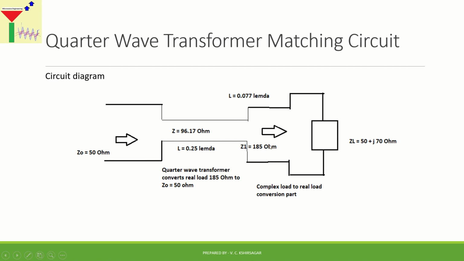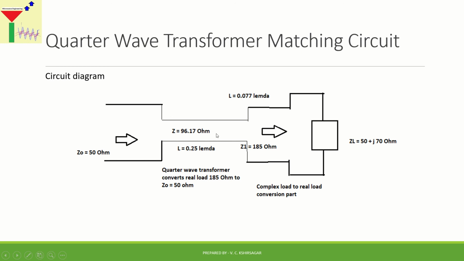Now this 185 ohm is a real value. We want to match this 185 ohm to the characteristic impedance of a transmission line of 50 ohm using this particular section, which is a lambda by 4 transformer. So we need to calculate the characteristic impedance of that transformer.